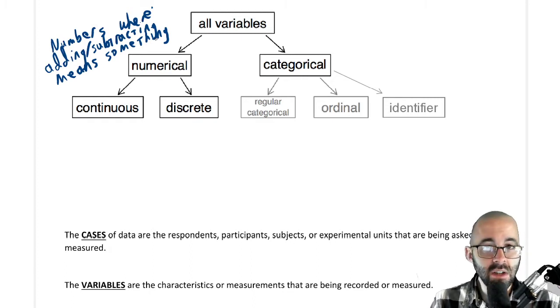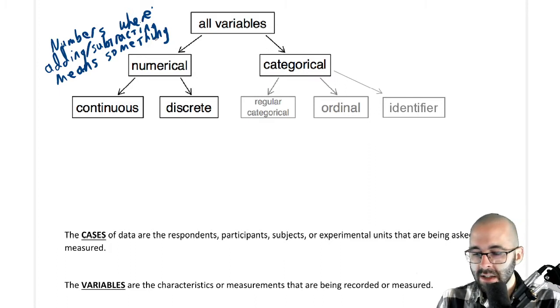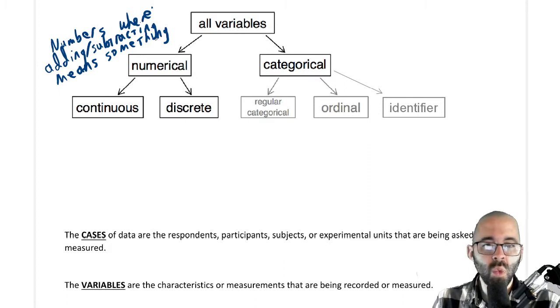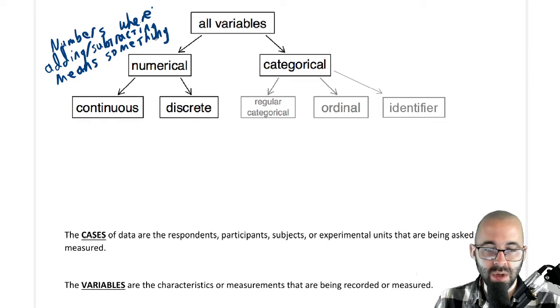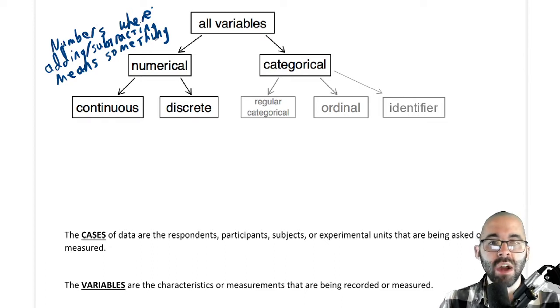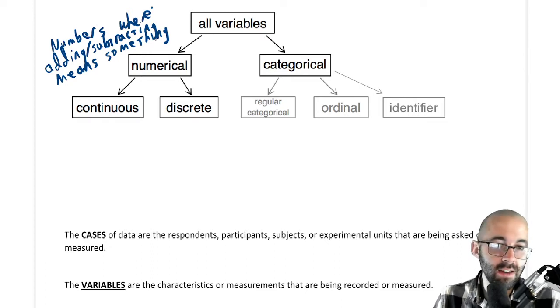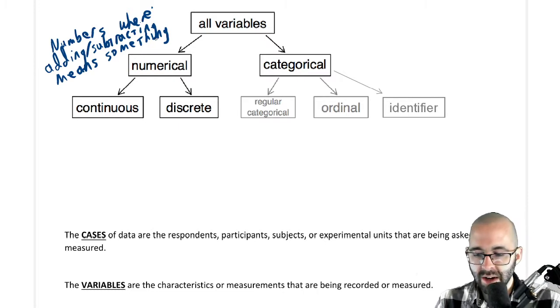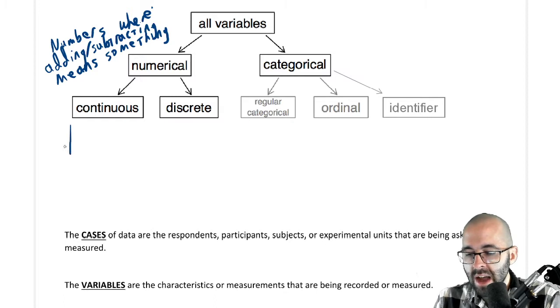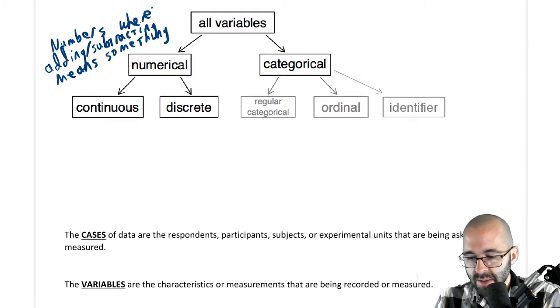For continuous, it's like 1, 2, and everything in between. It's a range with everything in between: 1.5, 1.221537, or whatever. A continuous graph a lot of times will look like this.